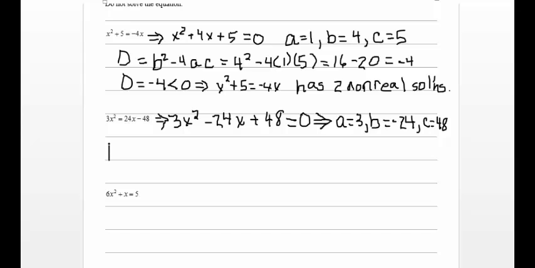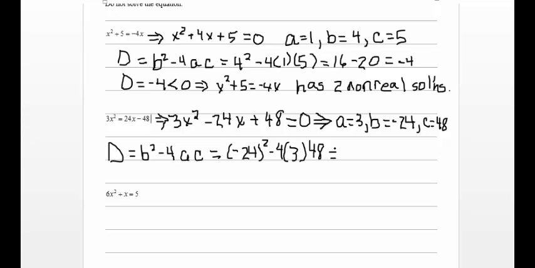So the discriminant, which we call capital D, is b squared minus 4ac, which is the square of negative 24 minus 4 times 3 times 48.